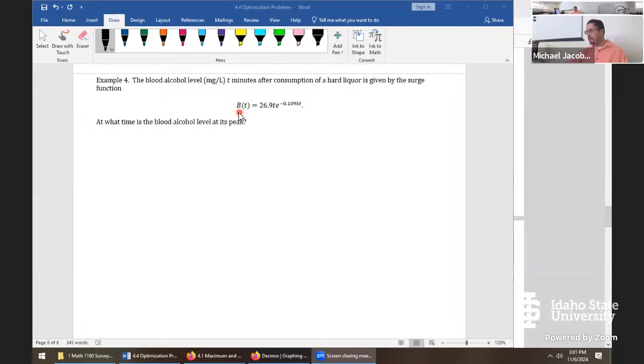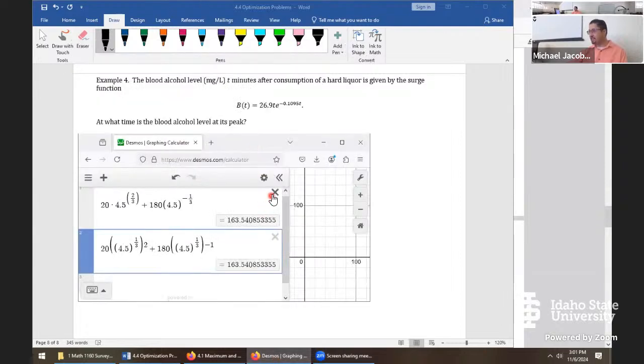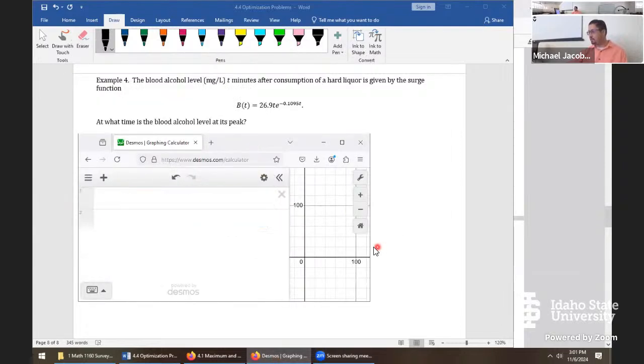So B to say blood alcohol, T is going to be time after the shot was taken. And just to visualize what we're looking at here, let's plot that surge function.